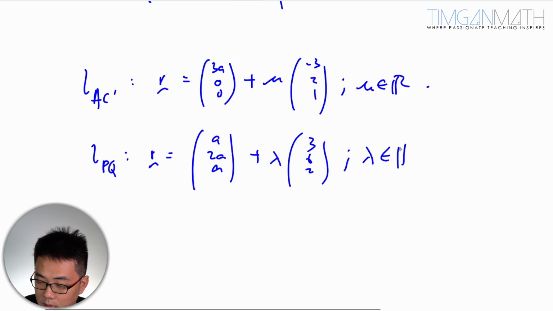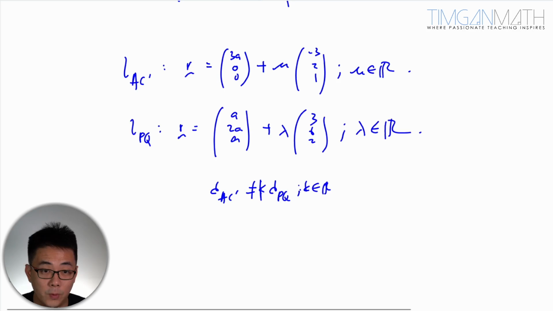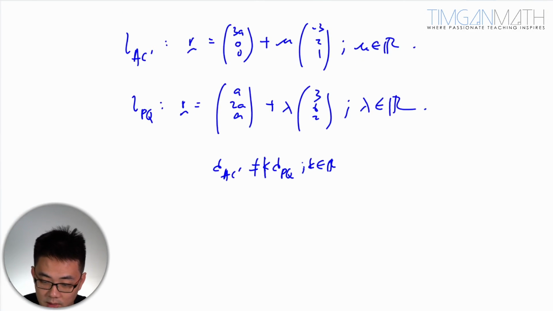Lambda is real. Okay, so we know that the direction of AC prime does not equal k times the direction of PQ. K is a real value. So essentially they are non-parallel. So they are either intersecting or skew.